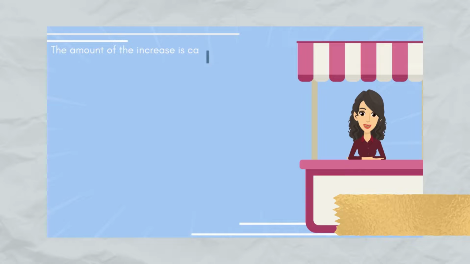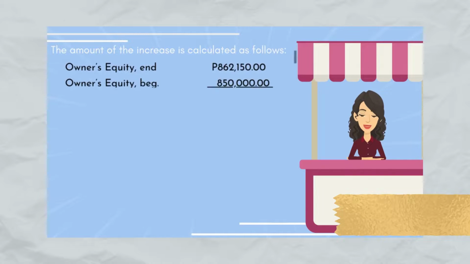The amount of the increase is calculated as follows: owner's equity end 862,150 less the owner's equity beginning 850,000, which gives the amount of an increase in owner's equity of 12,150.